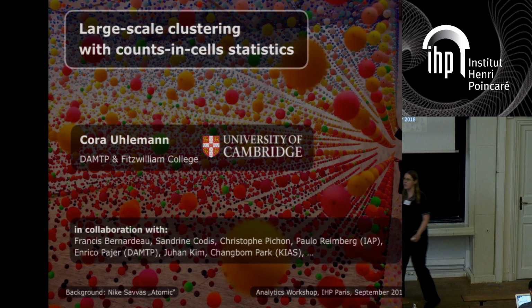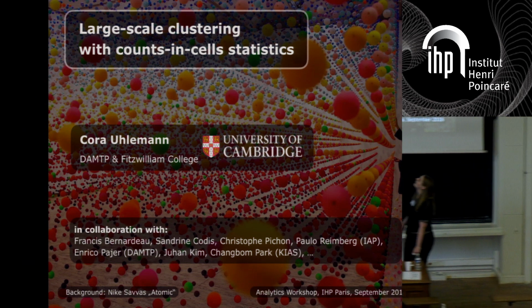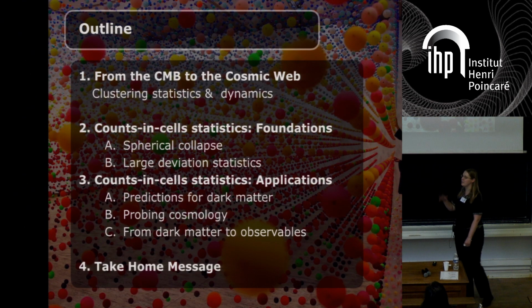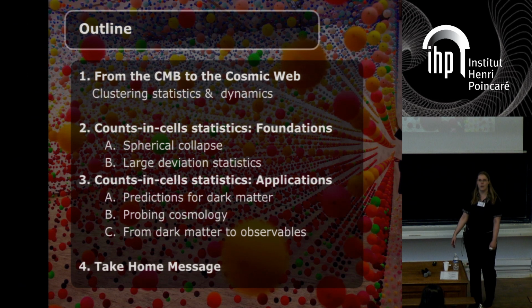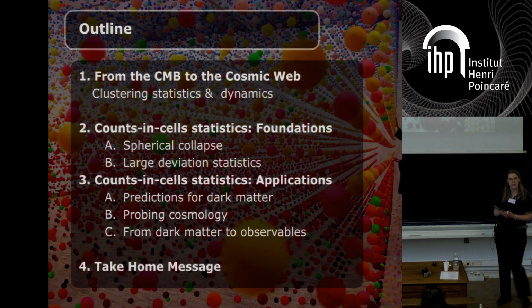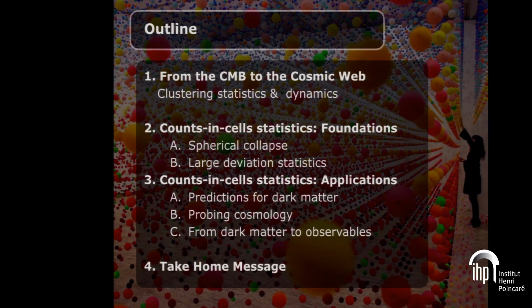So the big question you might ask is, well, why should I be interested in counts in cells statistics? First, I want to give you a short perspective, how we go from the cosmic microwave background that in some sense provides the initial conditions for structure formation to the cosmic web, and why we might think that counts in cells statistics are a clever clustering statistic to use.